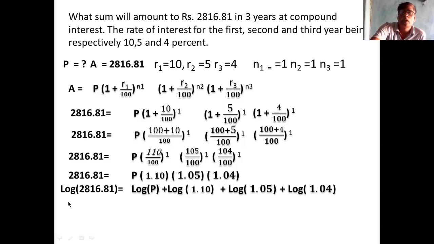Then you see the logarithm table. In the logarithm table, the characteristic of this number is 3, because it is a 4-digit number. In the logarithm table, 28 is the natural number, 1 is the mantissa.